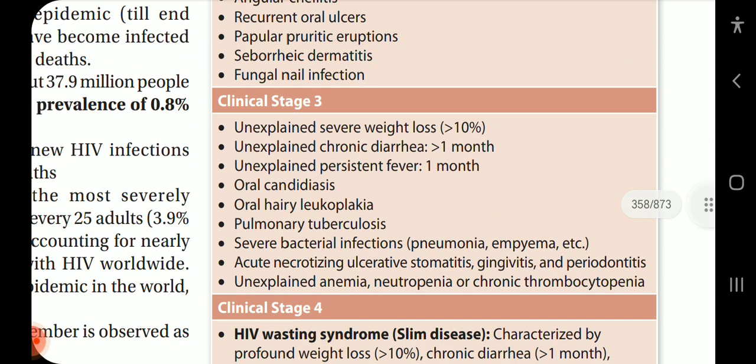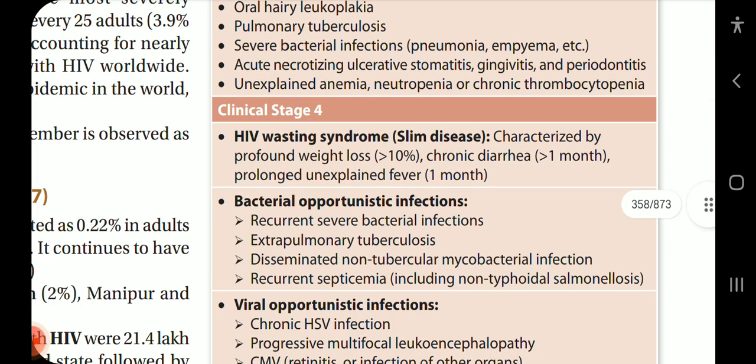Clinical stage 3 includes unexplained severe weight loss more than 10%, unexplained chronic diarrhea more than 1 month, unexplained persistent fever more than 1 month, oral candidiasis, oral hairy leukoplakia, pulmonary tuberculosis, severe bacterial infections like pneumonia, empyema, etc., acute necrotizing ulcerative stomatitis, gingivitis, and periodontitis, unexplained anemia, neutropenia, and chronic thrombocytopenia.